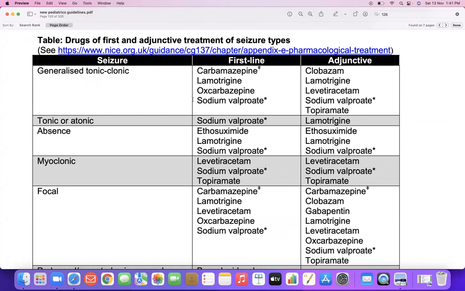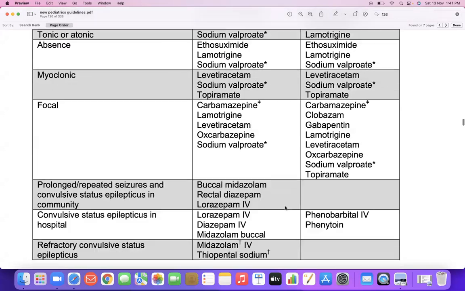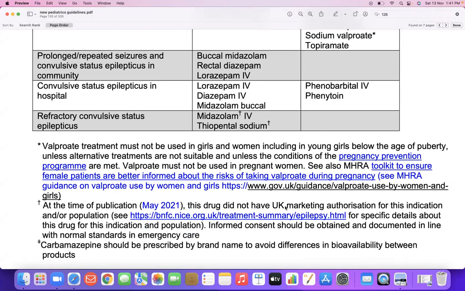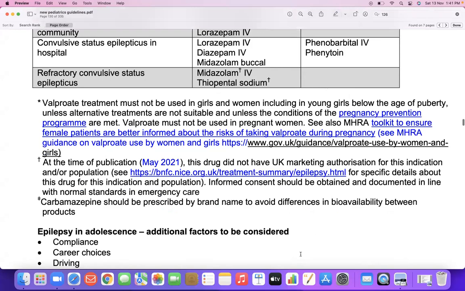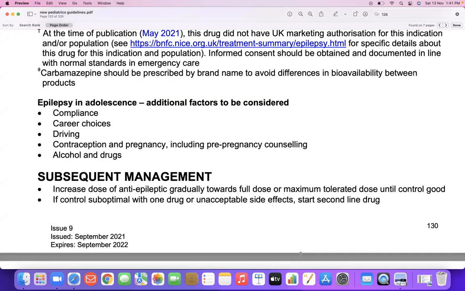Because here a group of first line drugs is given, not just one drug, so it depends upon what you consider. For generalized tonic clonic they have given carbamazepine, and also for focal they have given carbamazepine. But for absence, ethosuximide is the first. Usually they may ask at least one or two first line drugs as options. I think we should know.